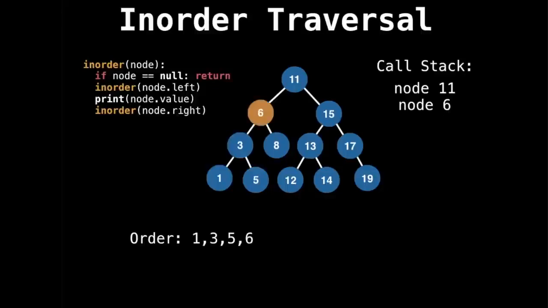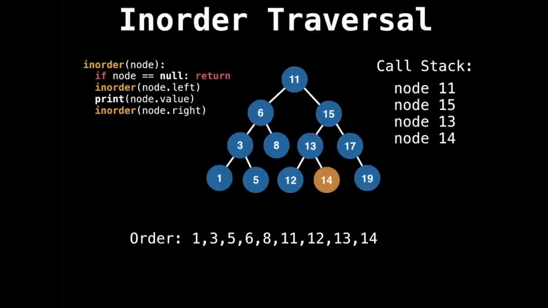Now I can print 6 because I've explored 6's left subtree, and I can go to 8, then recurse, and then print 11. Now we need to finish 11's right subtree. So go right, go left, now explore 12, recurse, and we're going to print 13, then go down to 14, print 14 also because 14 has no subtrees.